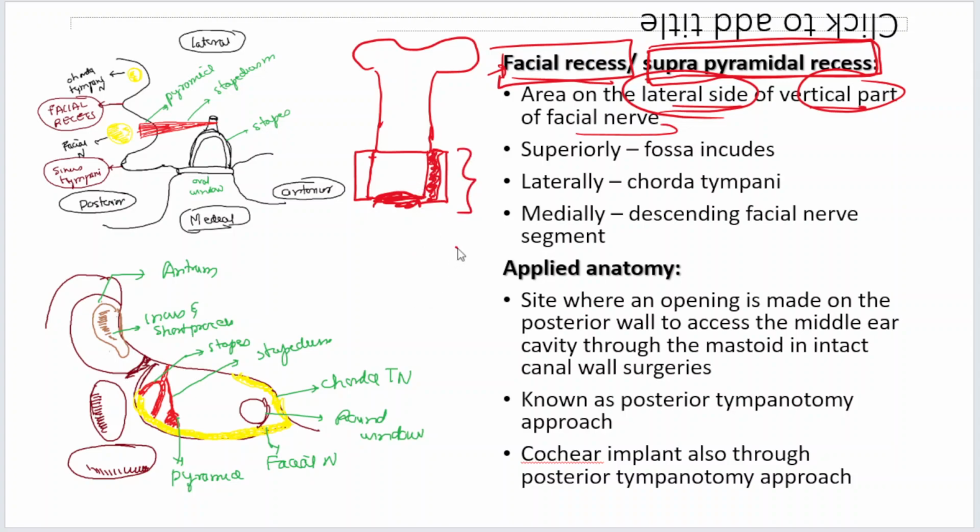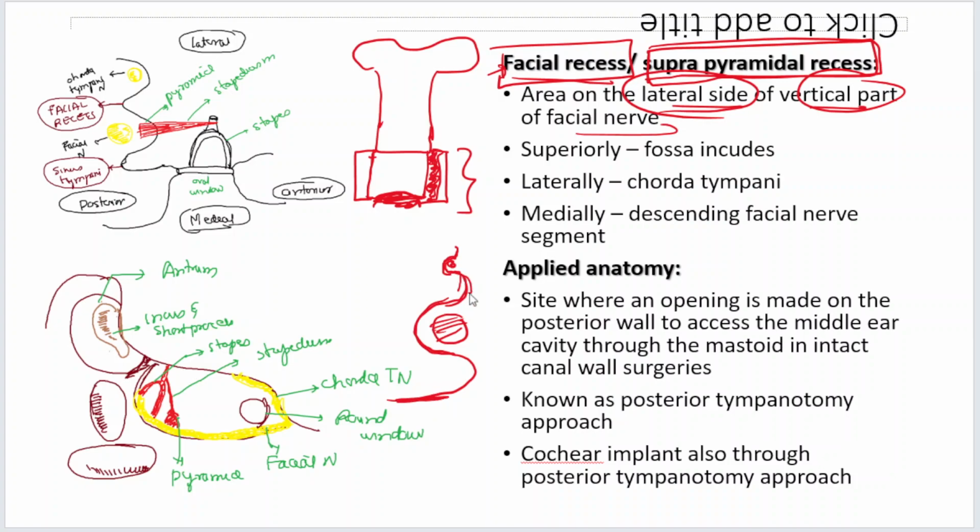When you come here, first you are going to encounter the chorda tympani. After that, there will be a depression. After that, there will be the elevation, the bulge caused by the facial nerve. Then you will have a depression, and then you have the floor, that is the medial wall.